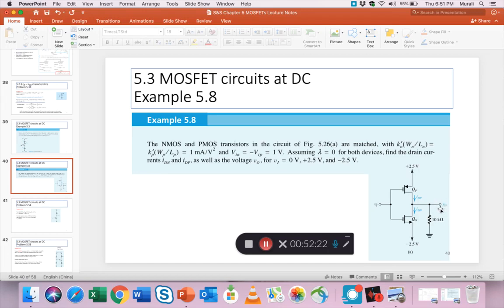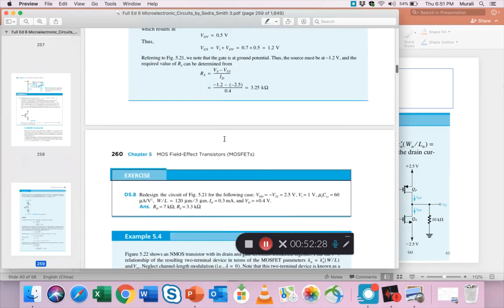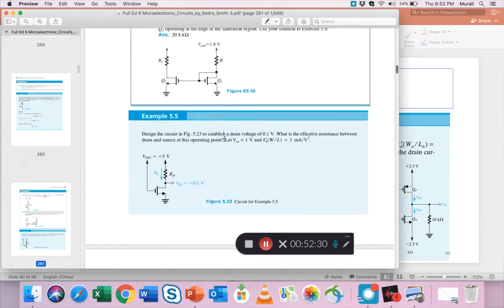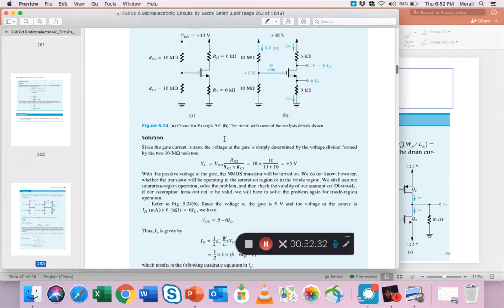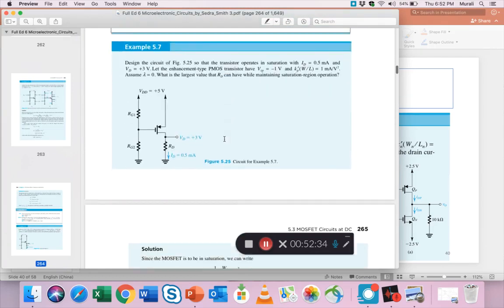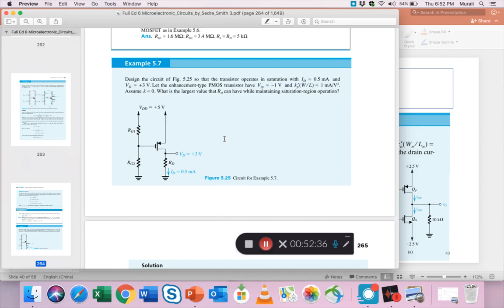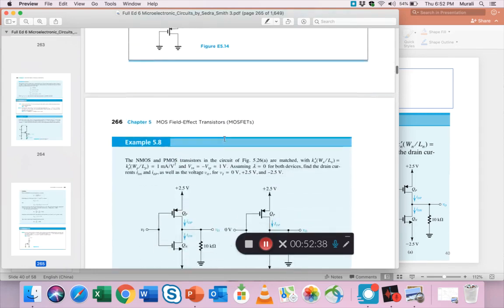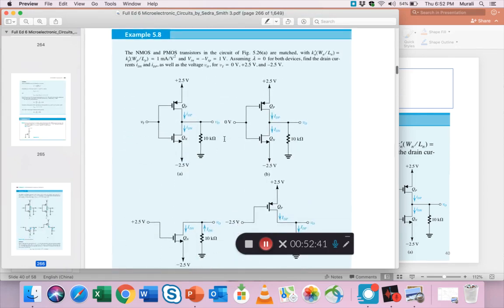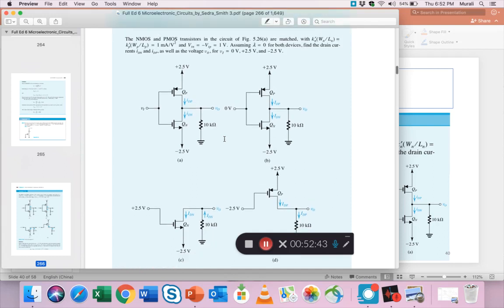and the output voltage. All right, let's see how he solves this by looking at his own notes, and this is 5.8. I know I'm running short of time, but hopefully this won't take more than 3 minutes. So there are 4 steps: first the basic circuit is shown, then the circuit with 0 volts, the circuit with 2.5 and the circuit with minus 2.5.